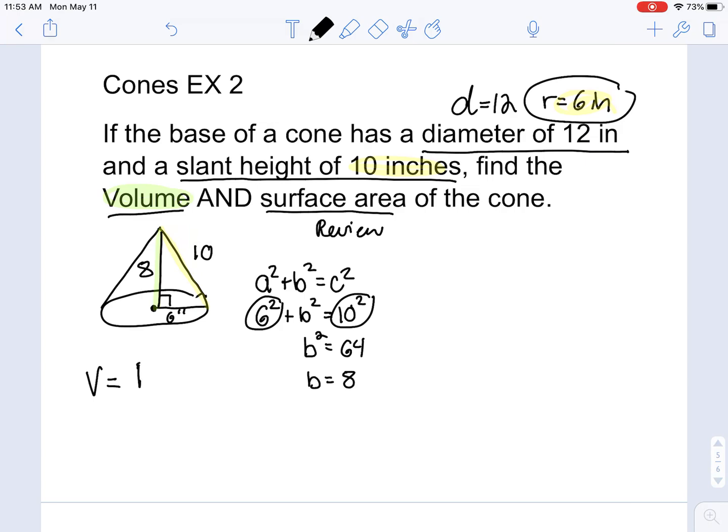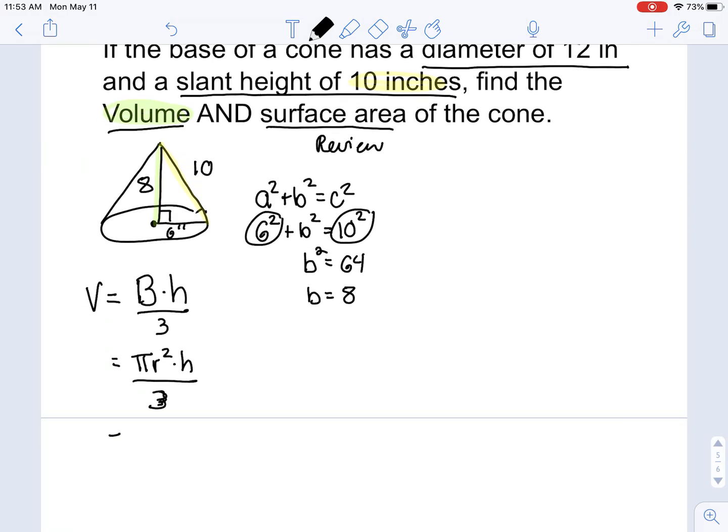Once we've got the height, now we can go back and find our volume. Remember that for a cone, it's the area of base times the height divided by 3. Since the base is a circle, it's going to be pi r squared times the height divided by 3. And now we can start plugging in some numbers. Our radius was 6. Our height, not slant height, our height, and I want to emphasize that part of it, was the 8.